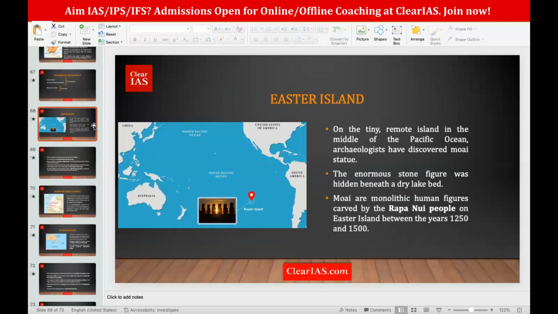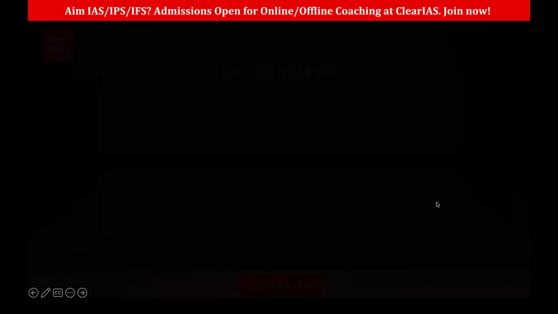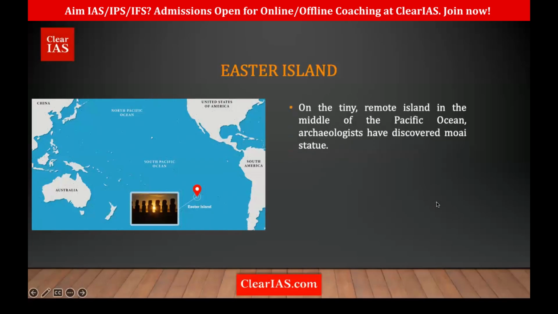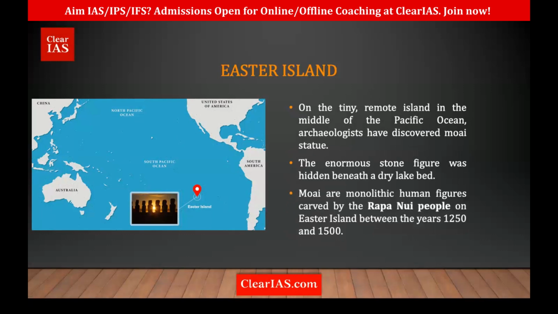So we spoke about Easter Island. Easter Island is off the coast of South America and part of Chile. There are monolithic human figures made by the Rapa Nui people, who lived between 1250 and 1500.